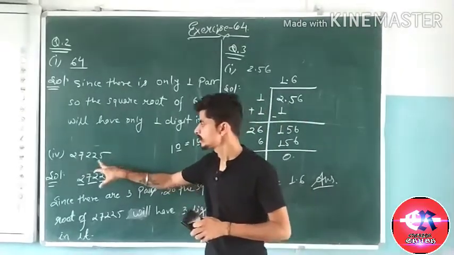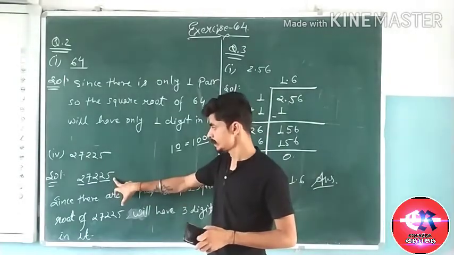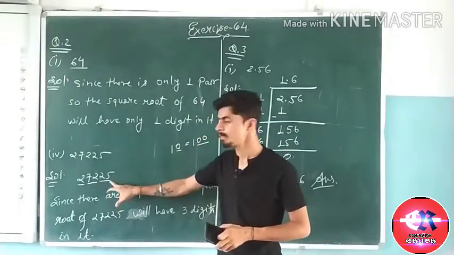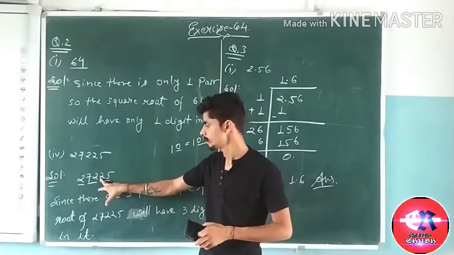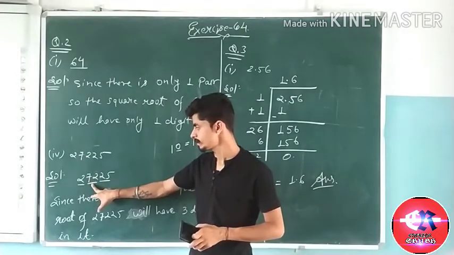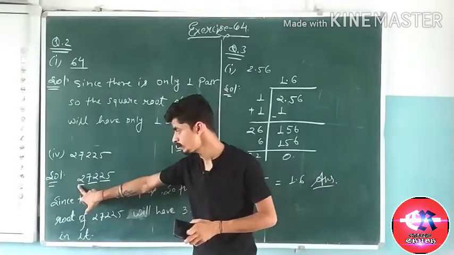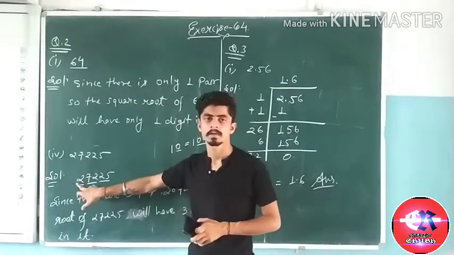Similarly, the second one is 27,225. As we see here, we make groups from right to left, so the pair of 2 digits is 25, 72 is the second pair, and here only 2 is there, so 2 is counted as a pair but having only one digit.